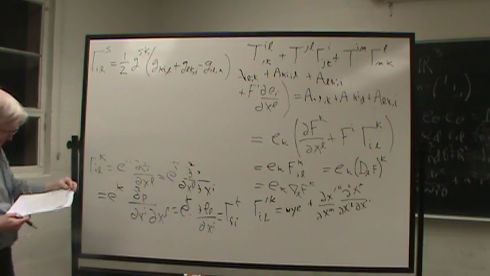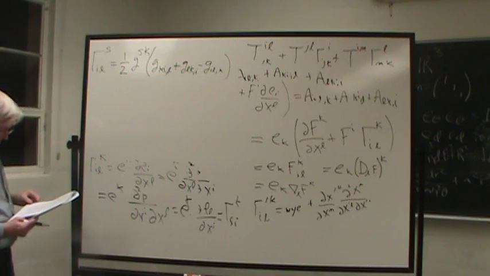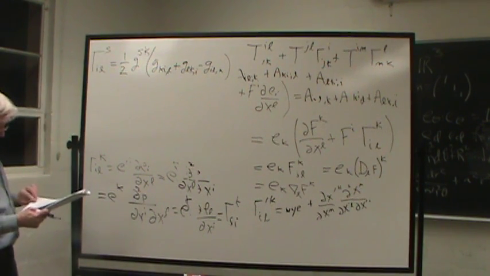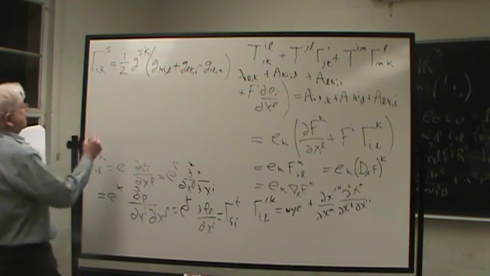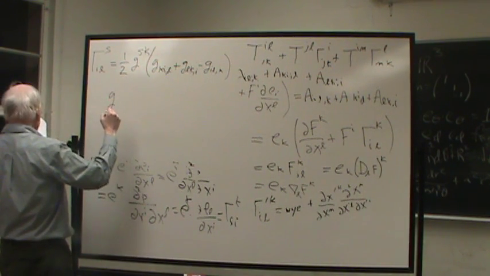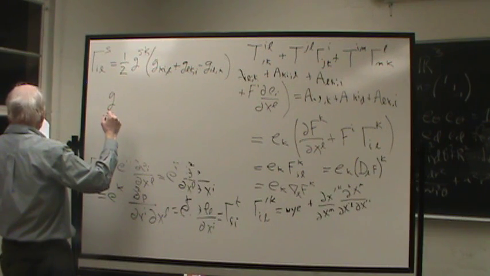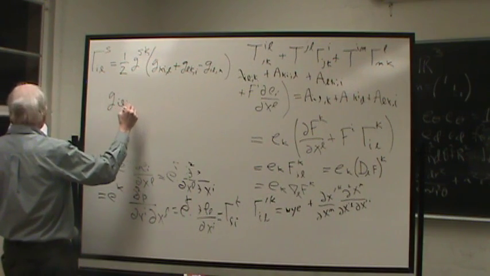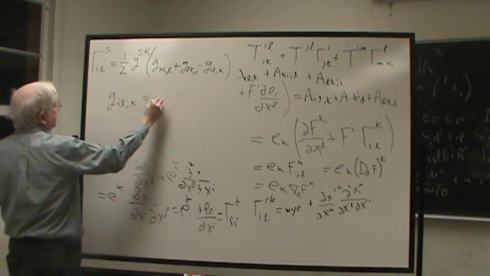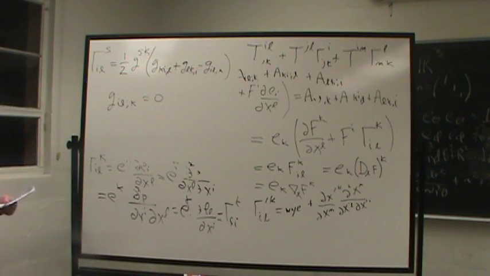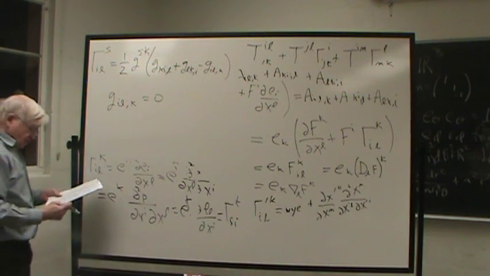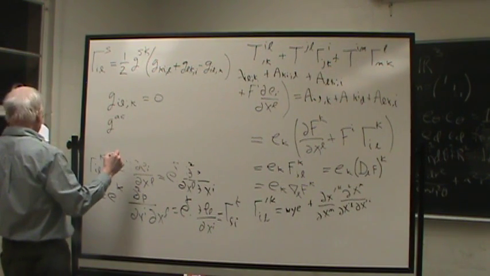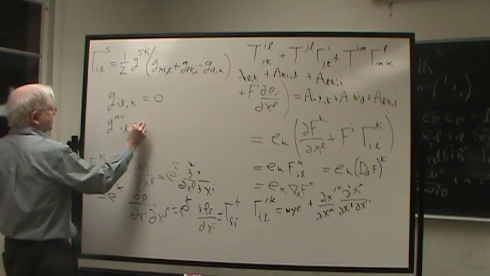And you sort of imagine that that's the case. Once you know that, you can derive the following result: if you take the covariant derivative of the metric, you get 0. And the same thing is true if you take the inverse metric and take its covariant derivative, you get 0.